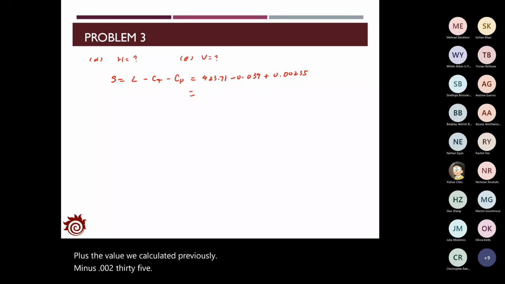So with that, we can get the correct distance: 423.71, minus this one, plus minus 0.039. So the result we get is... Excuse me, Professor.